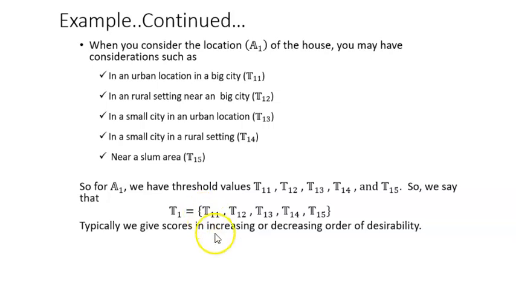Typically we give scores to each one of these threshold values, T11, T12, T13, T14 and T15. Typically these are either increasing or decreasing in the order of desirability. We'll see what is that in the next slide. We'll assign scores to each one of these threshold values.